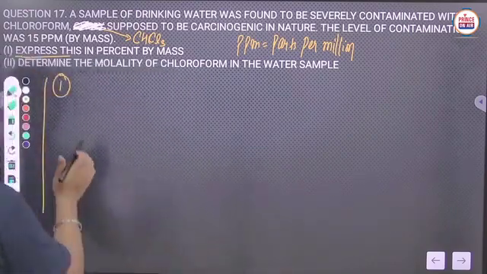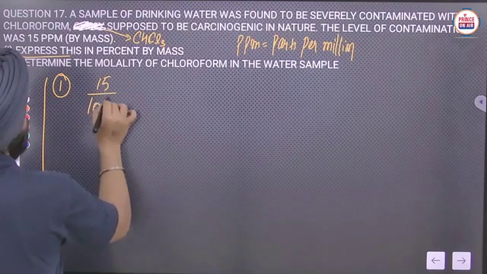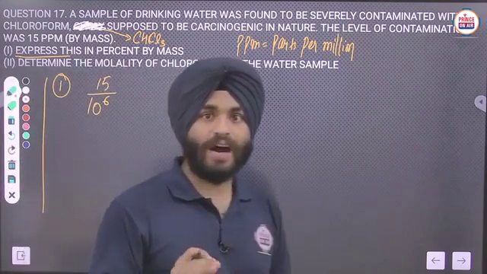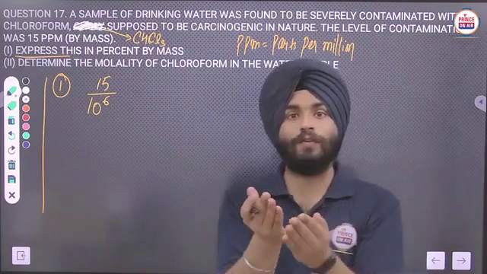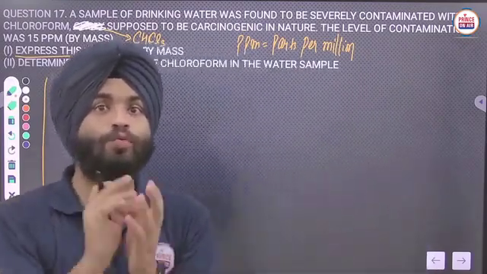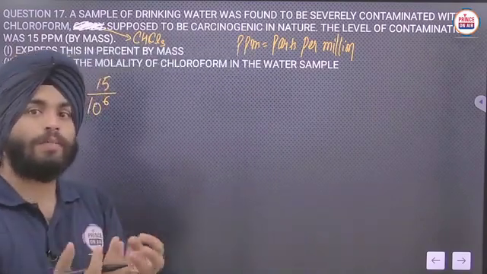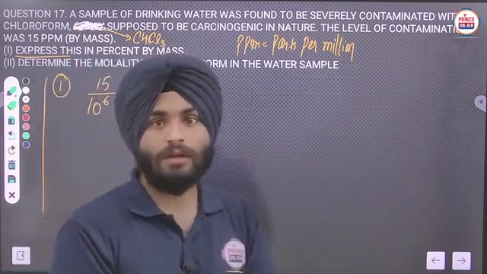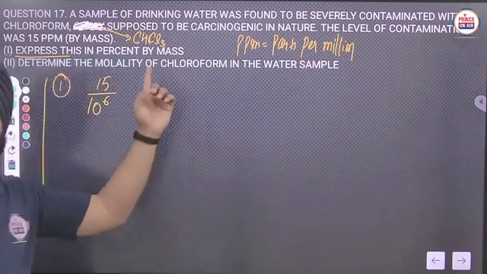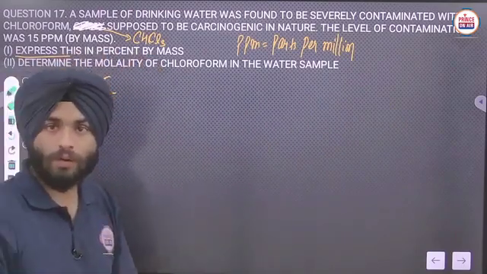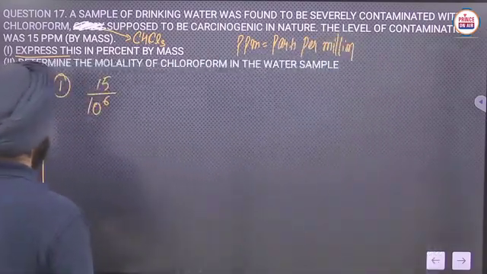So firstly the value given to you is 15 upon 10 raised power 6. Parts per million means if you are having that sample and you divide it into 1 million equal parts, among those 10 raised power 6 parts only 15 parts are of pure contaminant, that is chloroform.